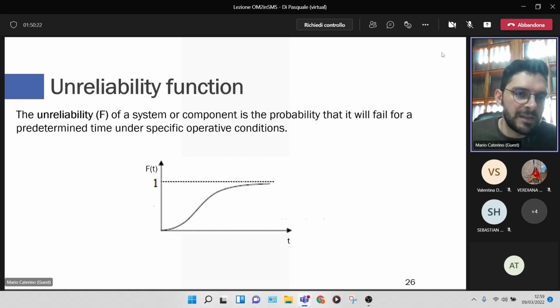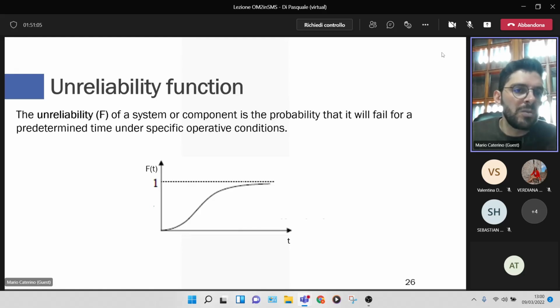In fact, it is indicated with capital F, and it represents the probability that a system or a component will fail for a predetermined time under specific operative conditions. So, as opposed to reliability, unreliability, you can see here, is a non-decreasing function. You can see that it always increases, and it starts from 0 and is asymptotic to 1.